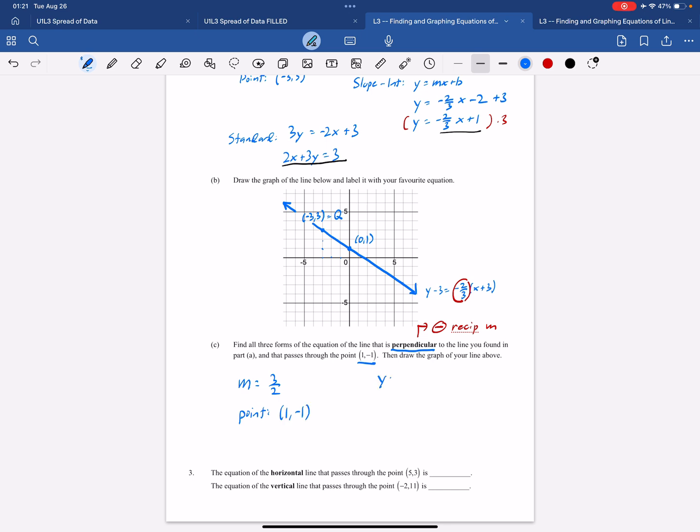So we can go y plus 1 equals 3/2 times x minus 1. Where is that coming from again? Well, it's y minus the y coordinate, so y minus negative 1 is plus 1, equals m, the slope that we found, times, in parentheses, x minus the x coordinate of our point.